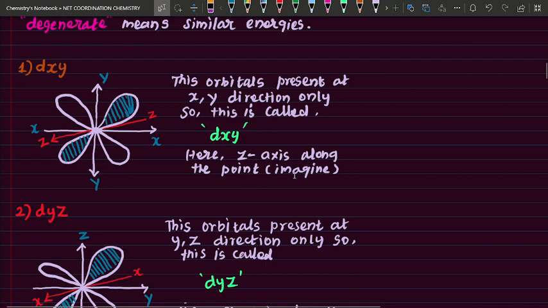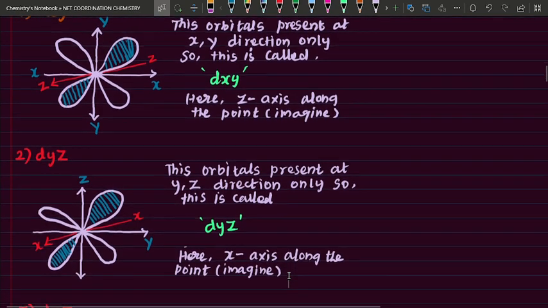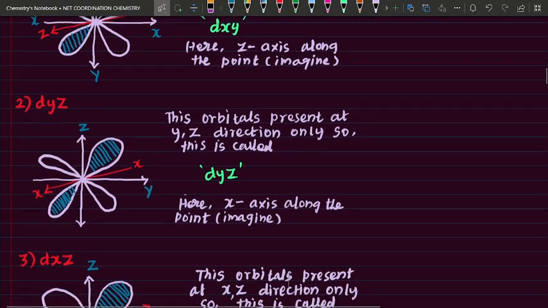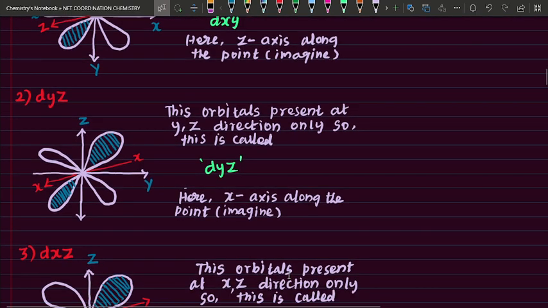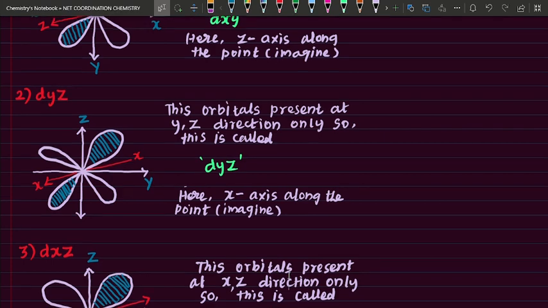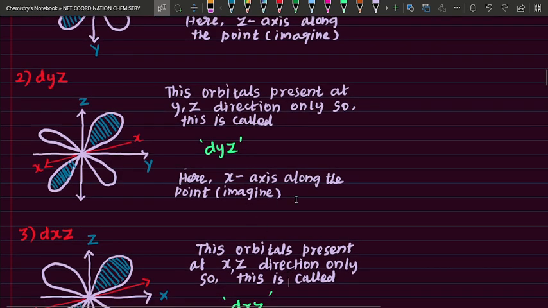Next, dyz. These orbitals are present in the yz direction only, so this is called dyz. Here the x axis is along the point, going inside the board.